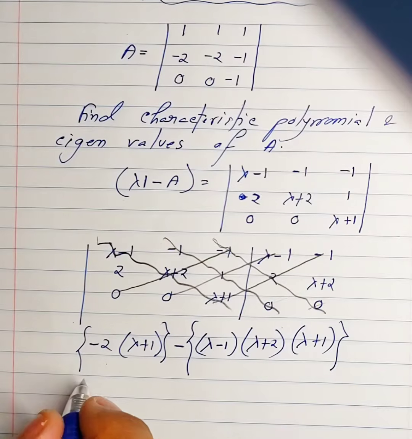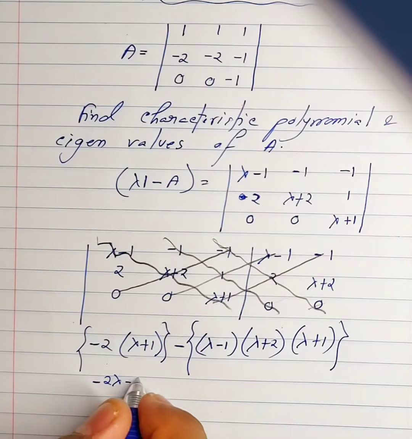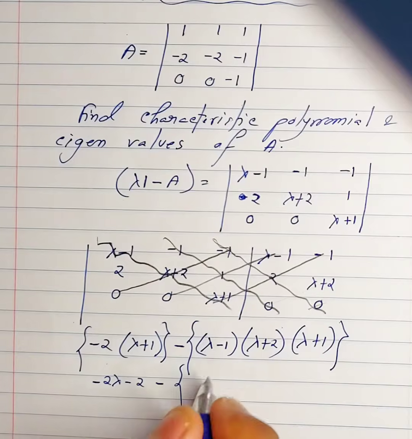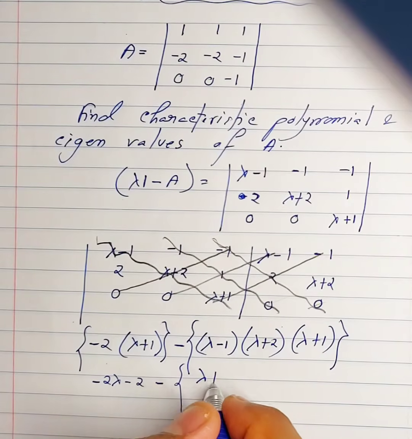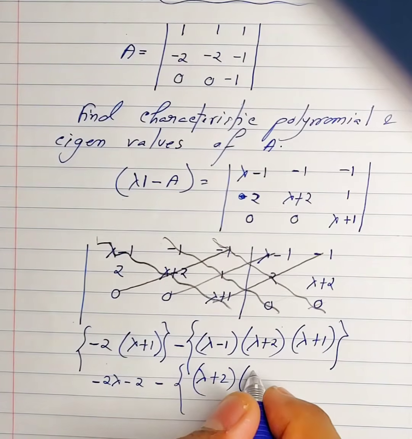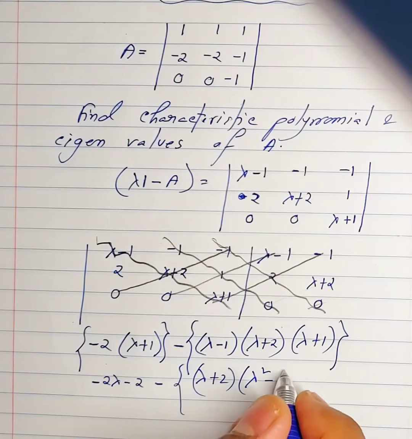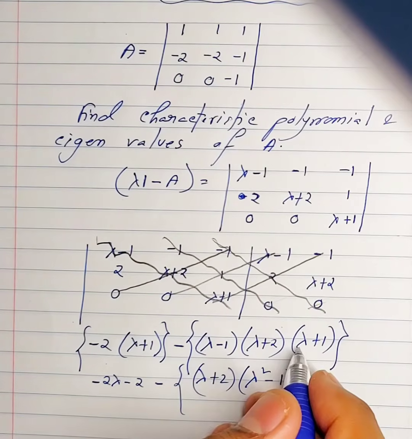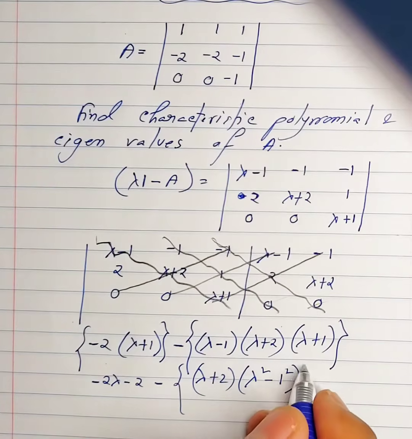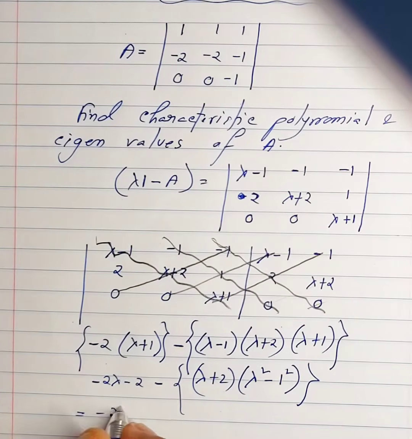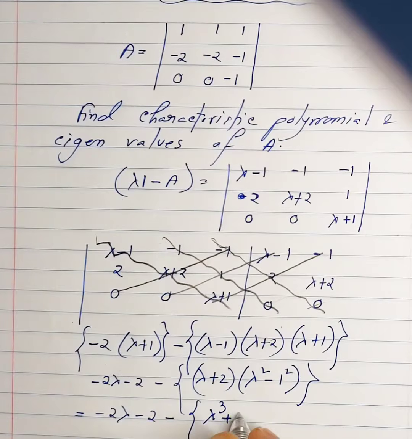From the first one, I have minus 2 lambda and minus 2, and this gives me lambda squared minus 1 squared, like a minus b and a plus b gives you a squared minus b squared. So now we have minus 2 lambda minus 2, and if you remove the bracket and multiply, you're getting lambda cubed plus 2 lambda squared minus lambda minus 2.